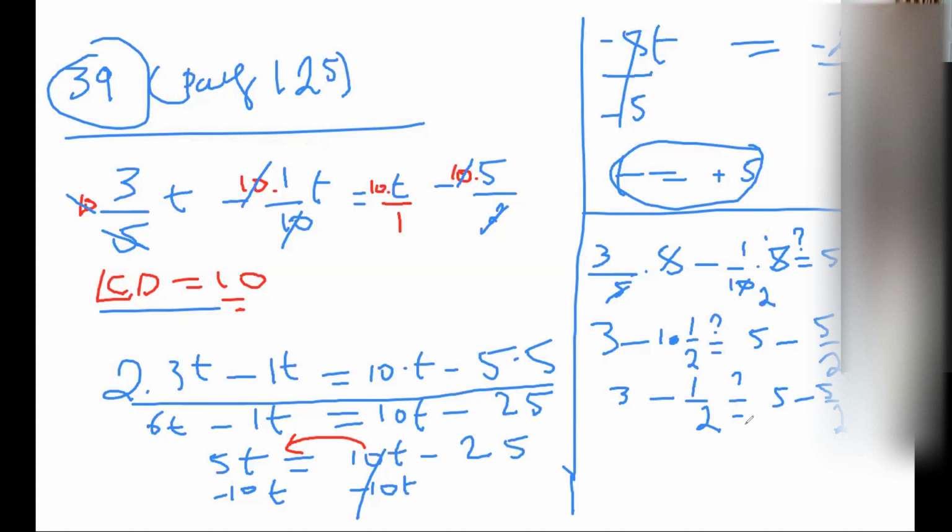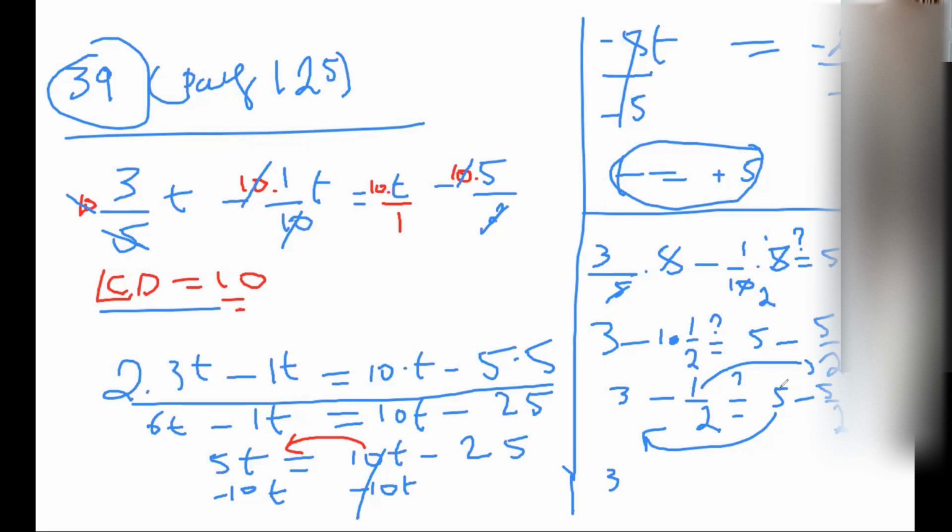Now let's do one quick thing. Let's move the 5 to this side to combine it with this, and we're going to move the negative 1/2 to the other side to combine it with the other fraction, because they're both fractions and they have the same denominator. So 3 stays here. What happens to the 5 if I move it to the other side of the equal sign? Does it become negative?